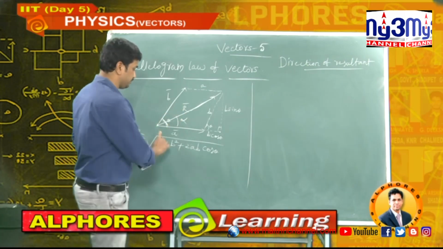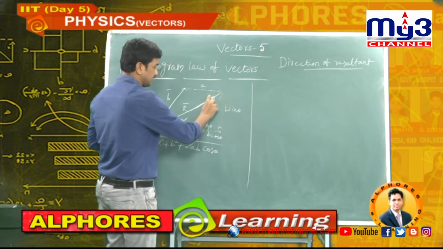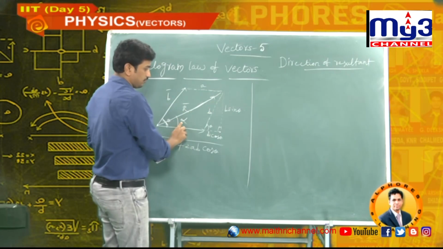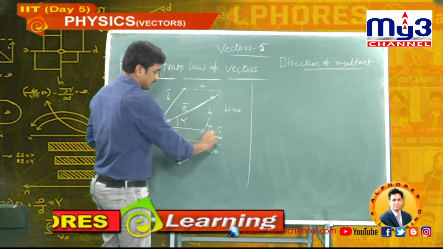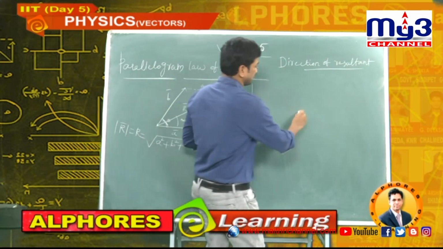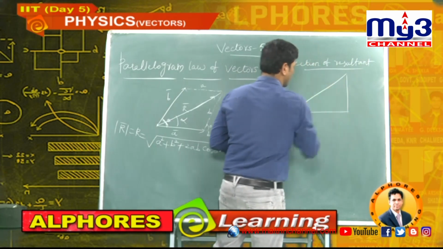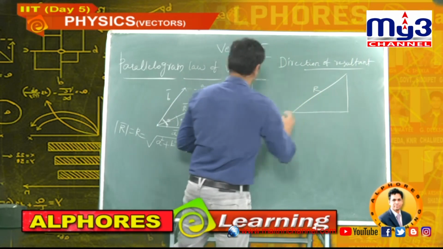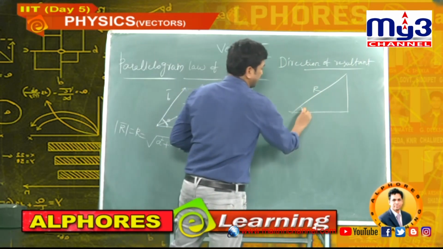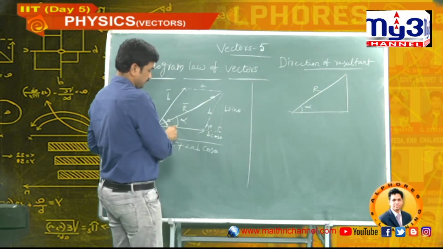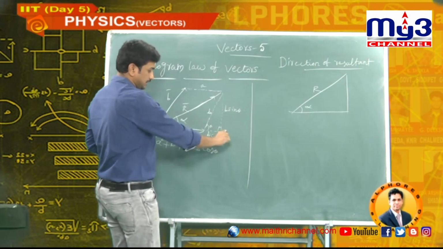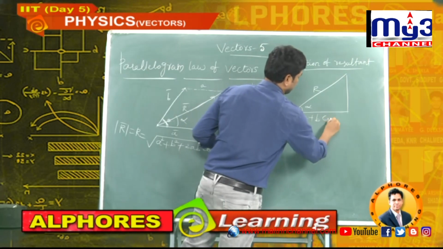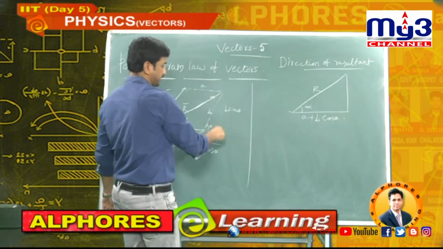Now see here, a right angle triangle. Tan alpha is equal to opposite side by adjacent side. Once again, this is R, this is alpha, this length is A plus B cos theta, and the opposite is B sin theta.